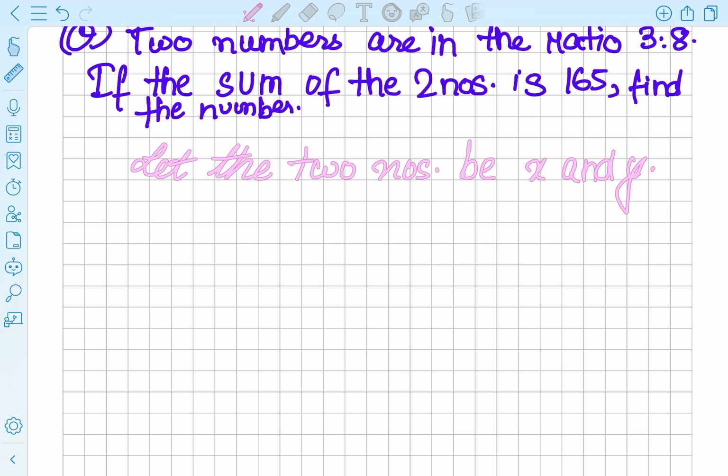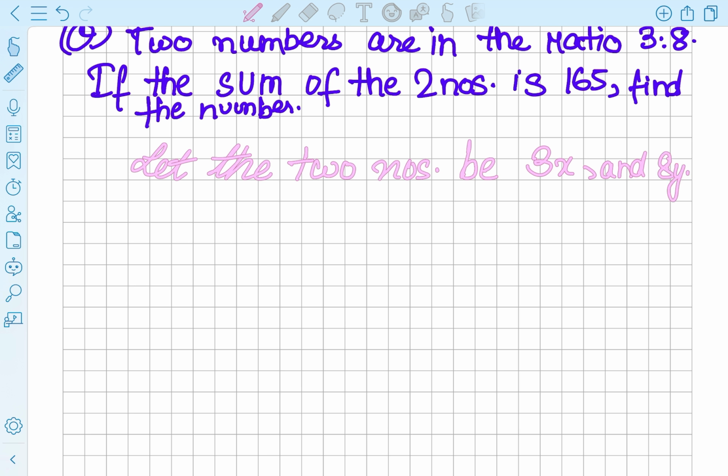So rather we can say that if the two numbers are in a ratio, then they are 3x and 8x, because they are in a ratio, right?